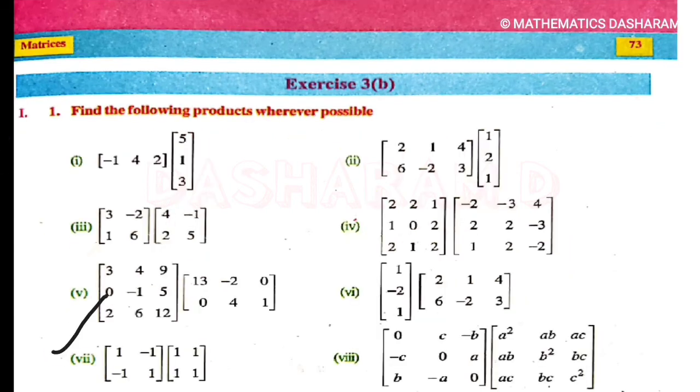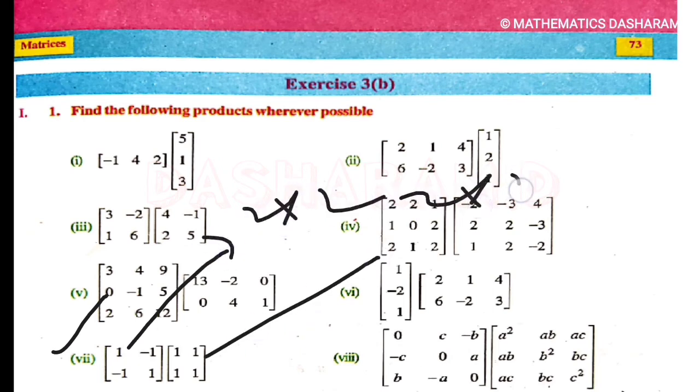Next, seventh question. 1 minus 1 minus 1 1 and 1 1 1. The first matrix is 2 by 2 and the second matrix is also 2 by 2. So the number of columns in the first matrix and the number of rows in the second matrix are equal. So then the product is possible and the order of the answer matrix is also 2 by 2.